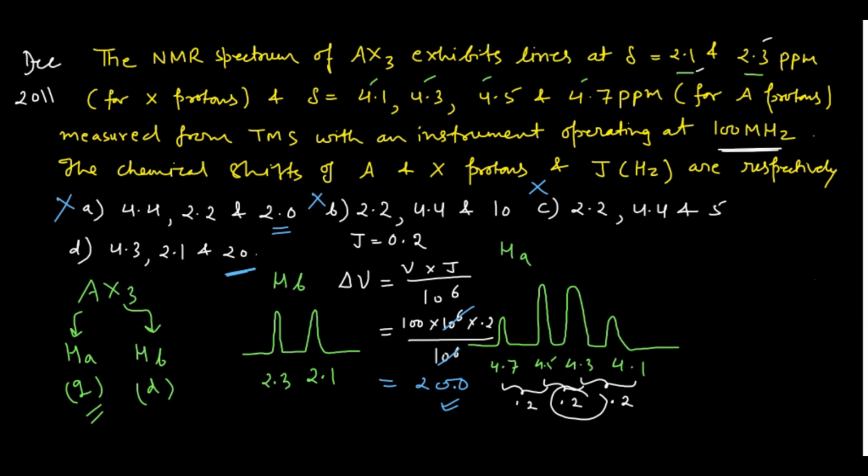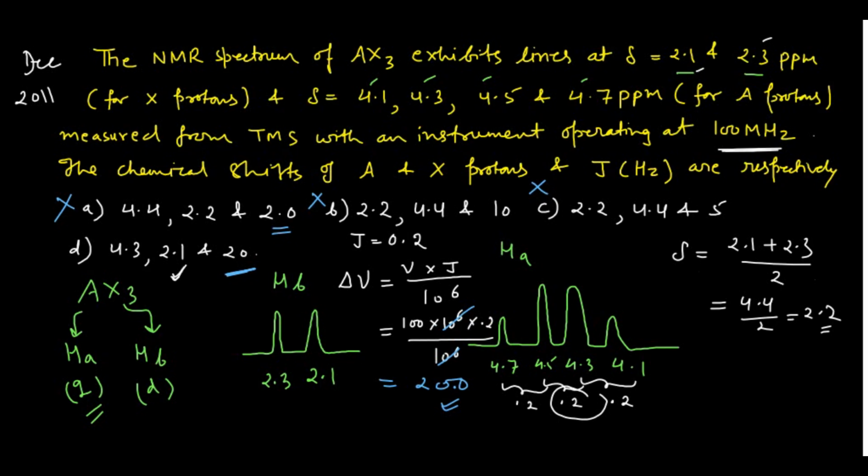So for the chemical shift, you can take the average of these: 2.1 plus 2.3 divided by 2, that is 4.4 divided by 2, which is 2.2. So the chemical shift is 2.2. See where it is given, it is 2.1, not exactly, but it is 2.1.